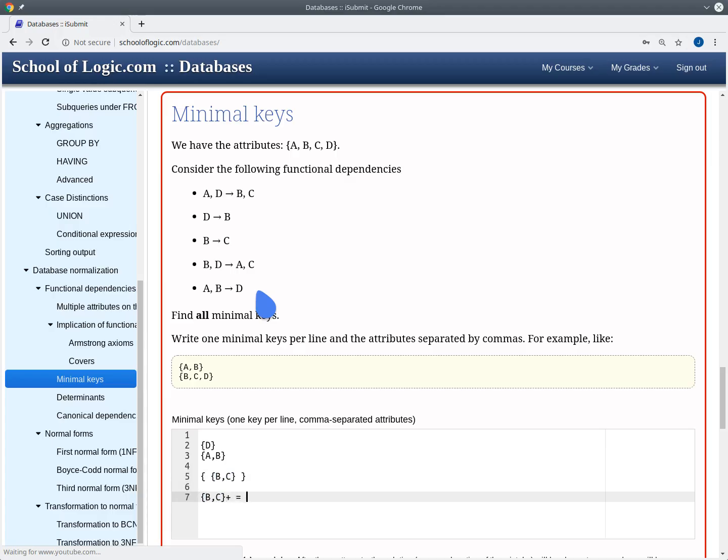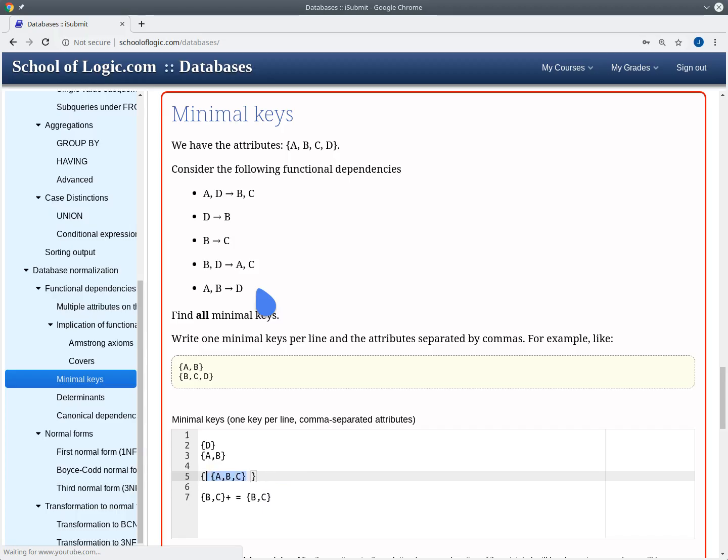We compute the cover. What do we get from BC? We get this not applicable, not applicable. C we have already. BD is not applicable, AB, so we just get BC. So we have to extend with A and D. The extension with D again contains the minimal key D, so we don't need to consider it.